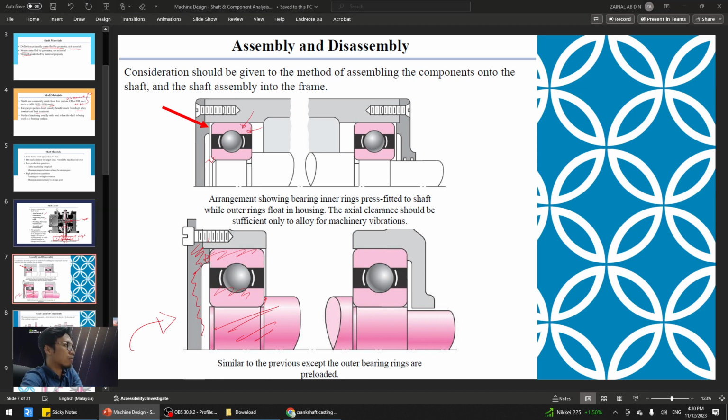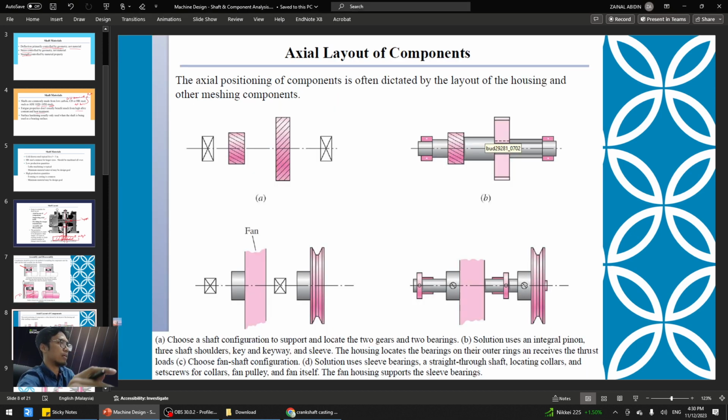For axial layout, the thing that you need to consider if you are designing ataupun you are using shaft in your design, you must consider on the axial layout of the component, where you want to put your bearing, where you want to put your helical gear. For example, here you have a bearing, you have another bearing on the other side. This is your gear, this is your another helical gear.